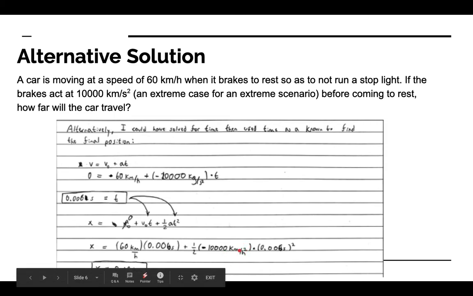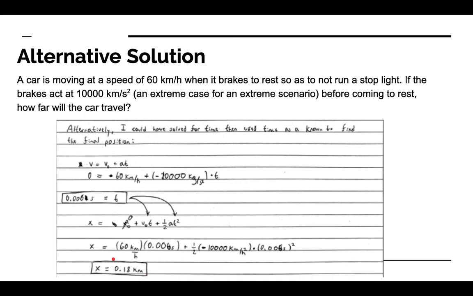Now I got the units correct, woo, all the way down here. Multiplied by 0.006 seconds squared. Again, the time is squared, nothing else in this last term is. So it's the time squared multiplied by acceleration multiplied by 1/2. Doing this will give us the correct answer of 0.18 kilometers as we found previously.